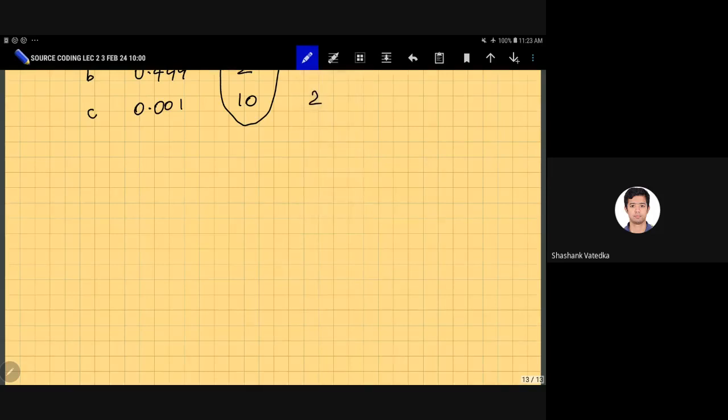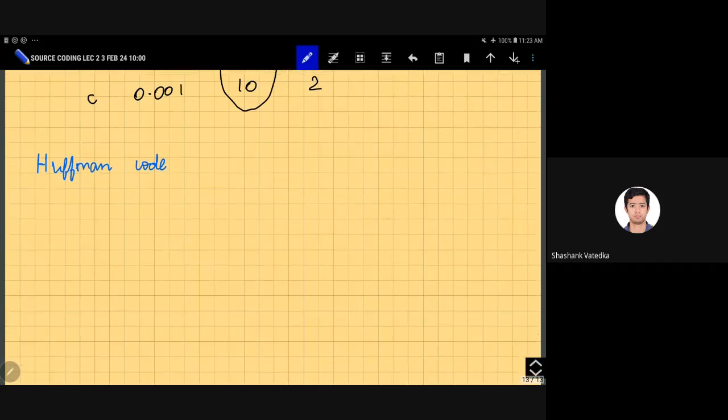So the second code that we'll see is called the Huffman code. The basic idea behind the Huffman code is the following.